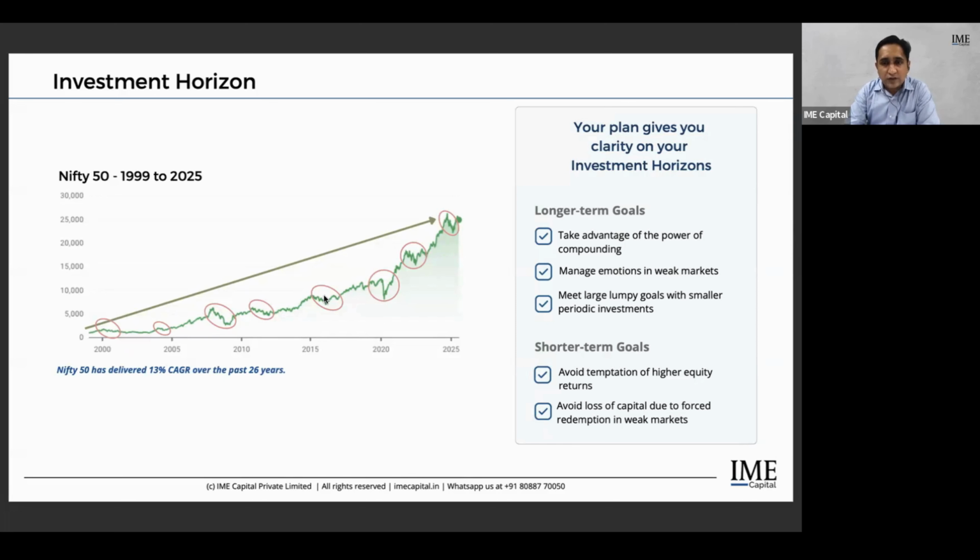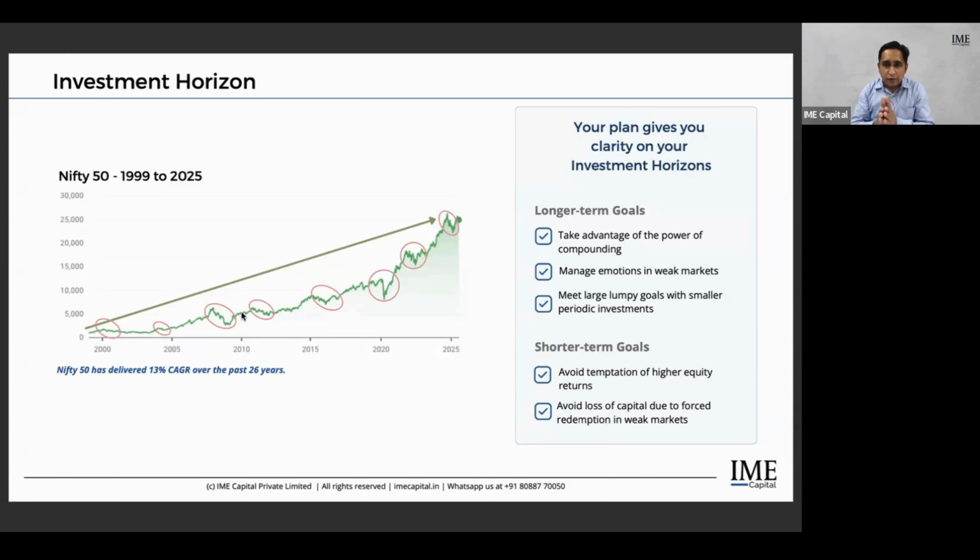When it comes to any shorter term goal, you want to avoid the temptation of investing for that goal in equity. Because if you had invested for a goal which is 6 months away, a year away, a year and a half away, tempted by much higher equity returns, and you go into a period where markets correct, there is the risk of a forced redemption in a weak market.